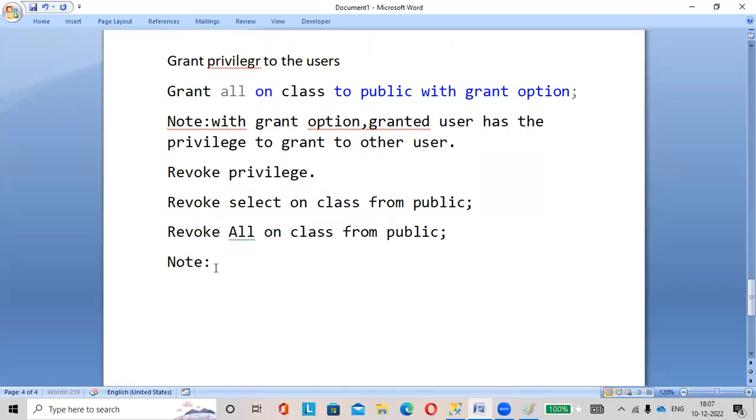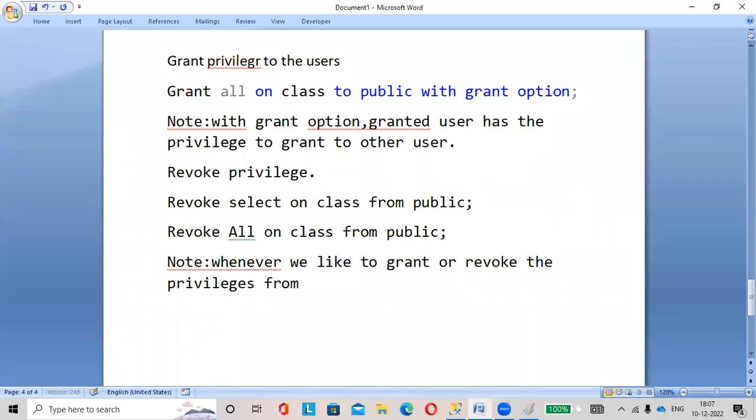Okay. Whenever we like to grant or revoke the privileges from a specific user, we need to replace public by username.